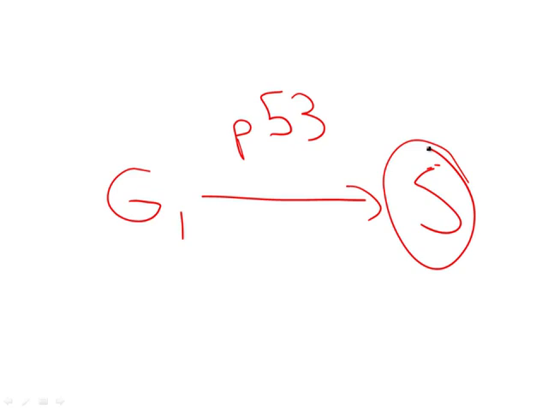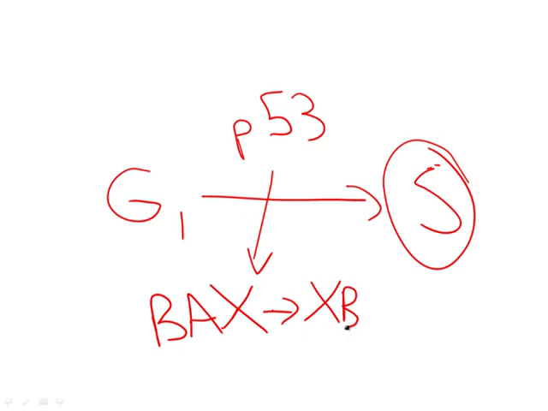It'll blow another molecular whistle and it'll call in a molecule called Bax. And guess what Bax does? Bax goes in and it destroys BCL2. And you know what BCL2 is? BCL2 is the molecule that stabilizes the mitochondrial membrane so that cytochrome C doesn't leak out.